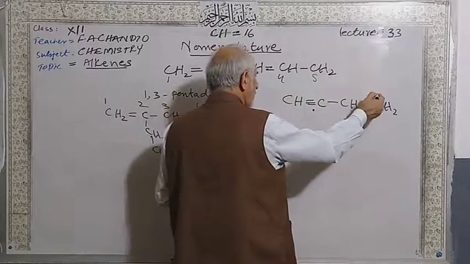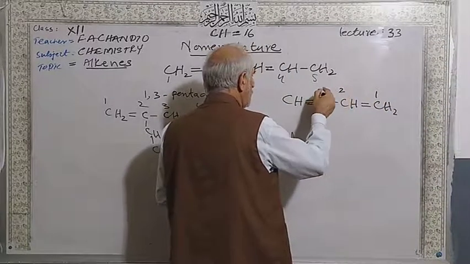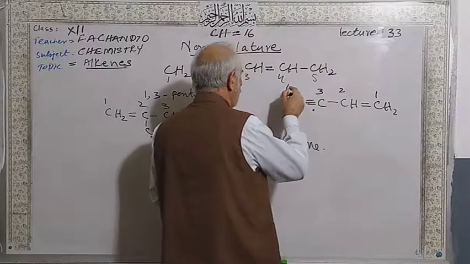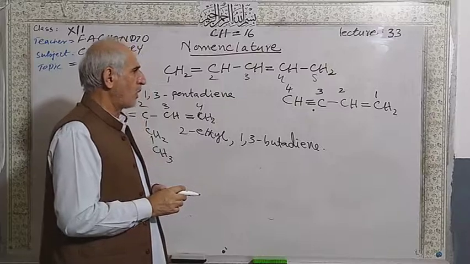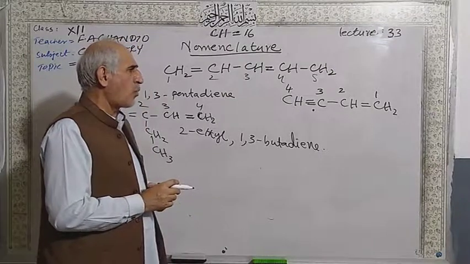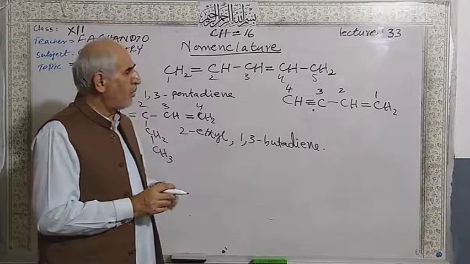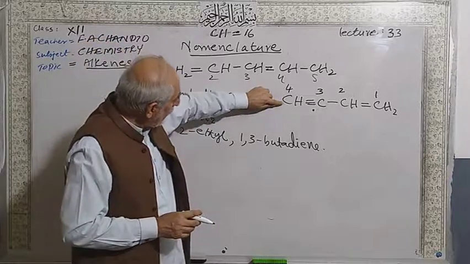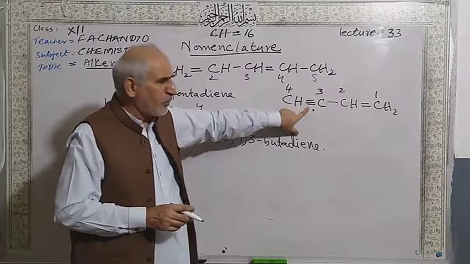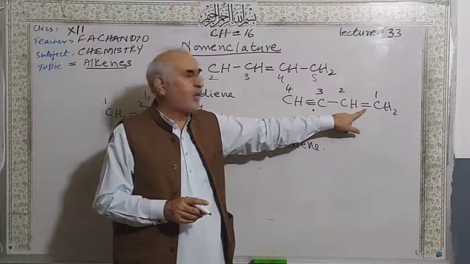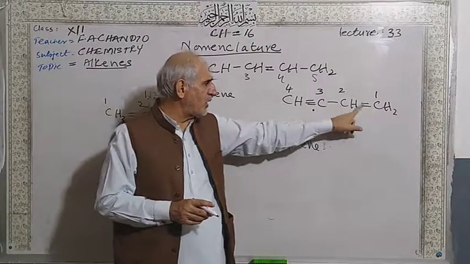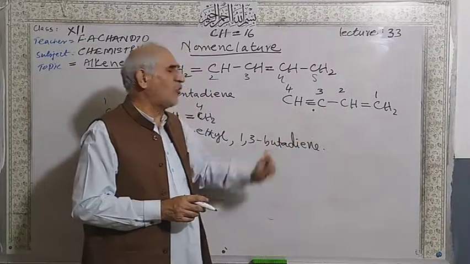That is why 1, 2, 3, 4. This is the numbering. If we start from here, it is the triple bond, but the triple bond is not as reactive as the double bond. So we must start from here, 1, 2, 3 and 4.